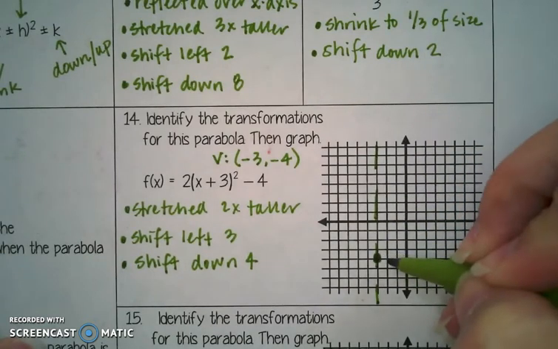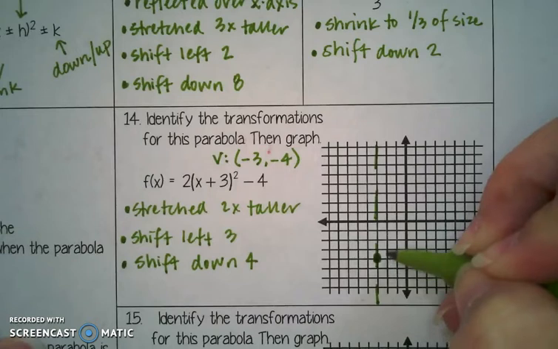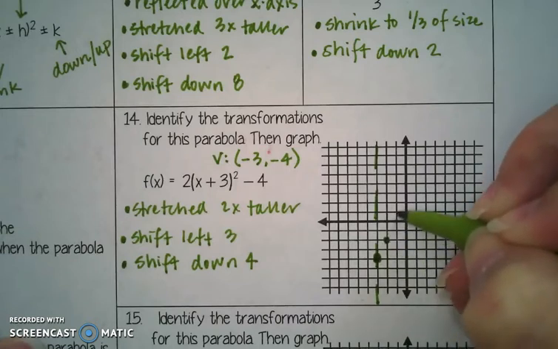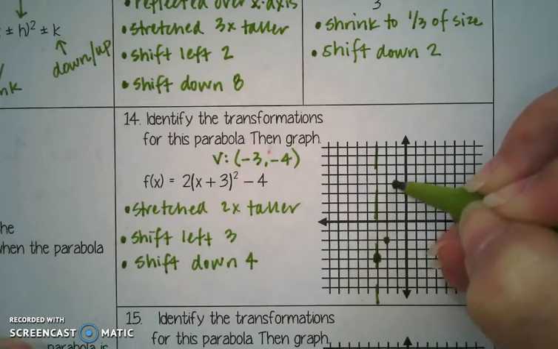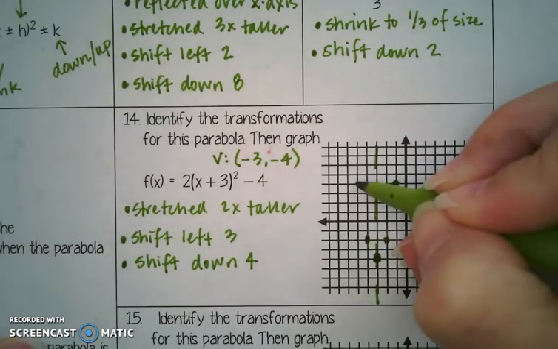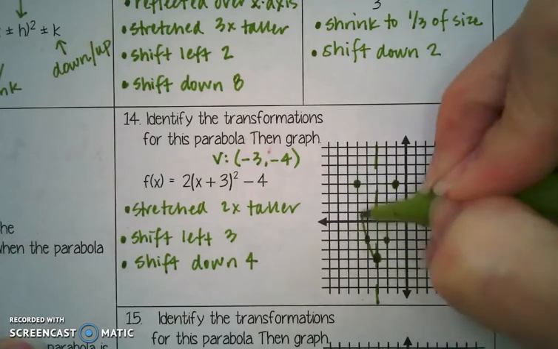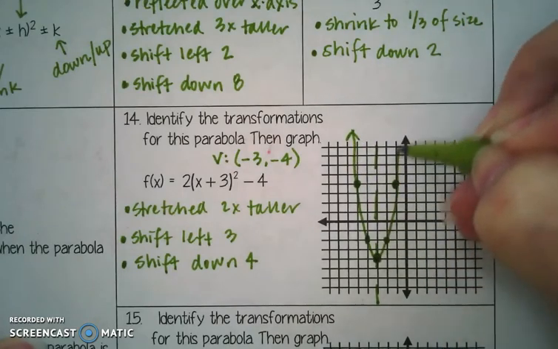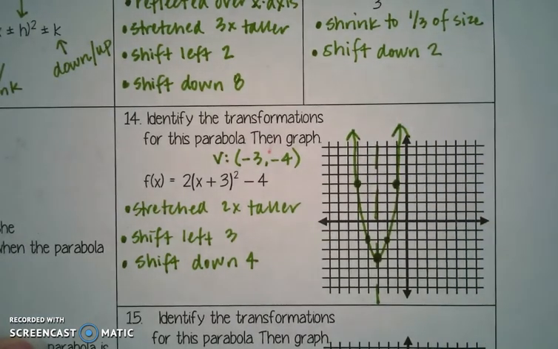So we're going to go up 1, over 1, up 2, over 2, and up 8. And I don't think we're going to fit the next one, so that's good enough. So this one was stretched 2 times taller, which makes it a thinner parabola, and there we go.